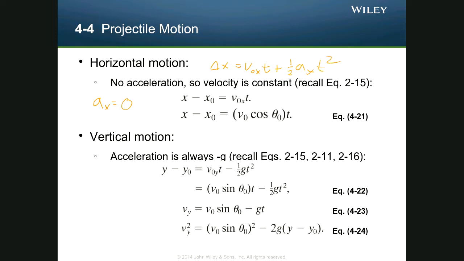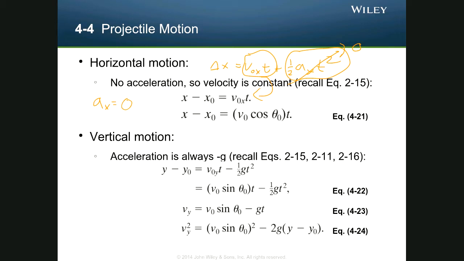This term still exists in these first sets of equations, but with ax equaling 0, it goes away, and this is all you have left, and that's what is written here. Then they're just using the components. So it's still the same equation, and you just plug in your minus g for your a, and you get the equation here.